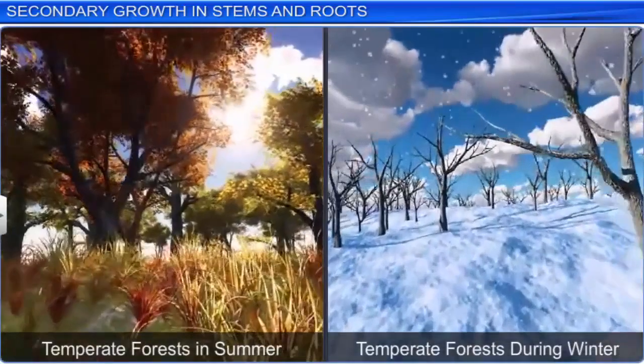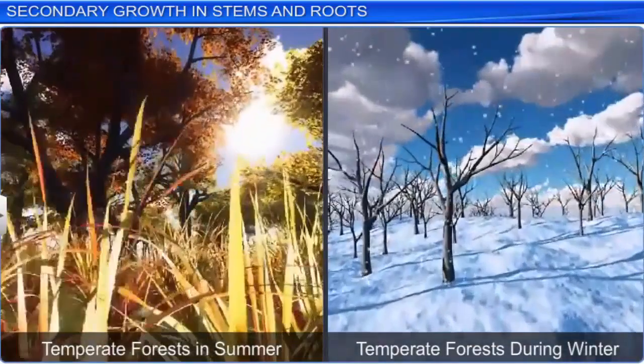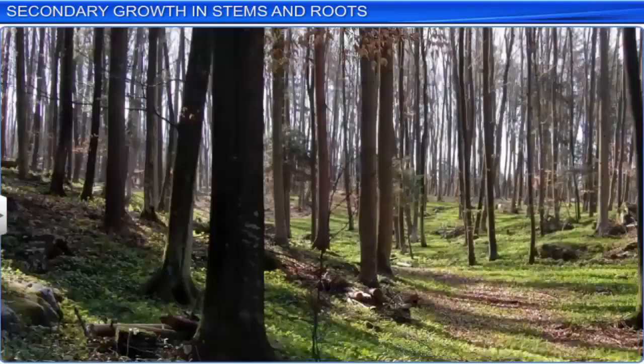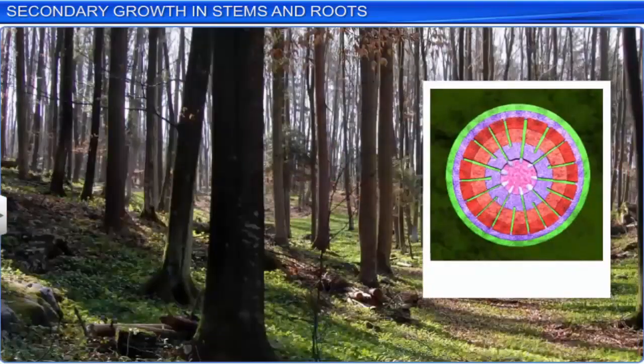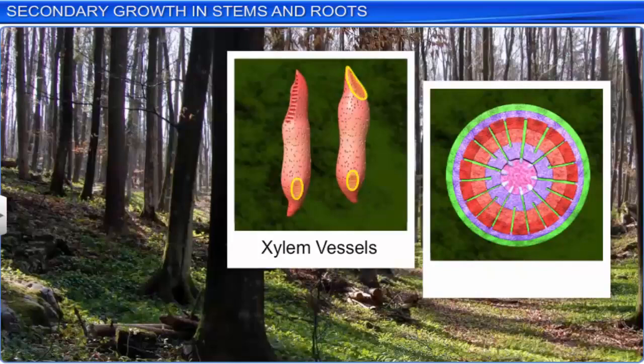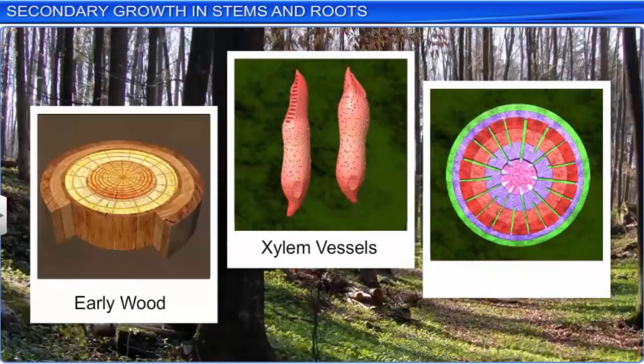Consider the example of the temperate regions, where climatic conditions are not uniform throughout the year. During spring, when the cambium is active, it produces a lot of xylem elements with vessels that have wider cavities. Wood formed during this season is called spring wood or early wood.